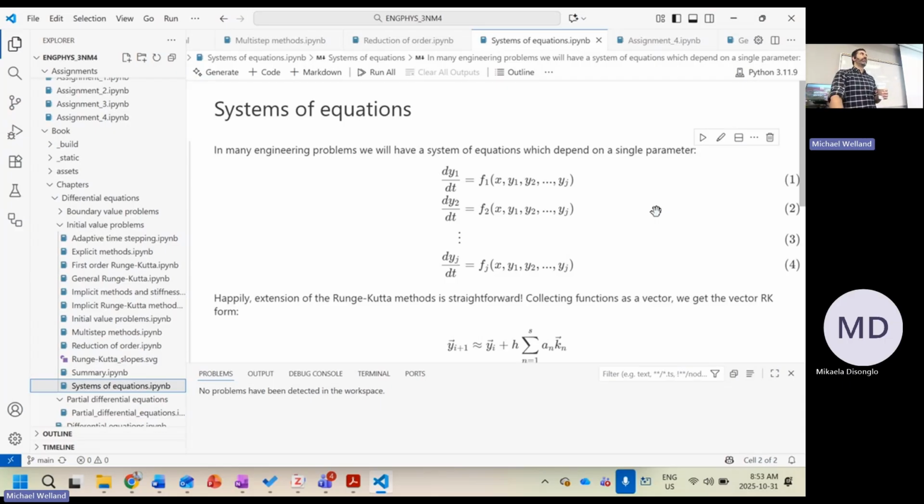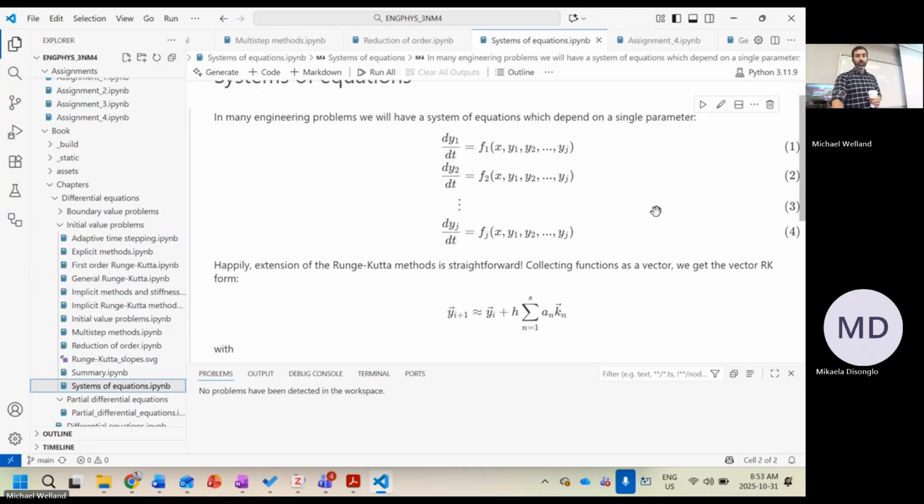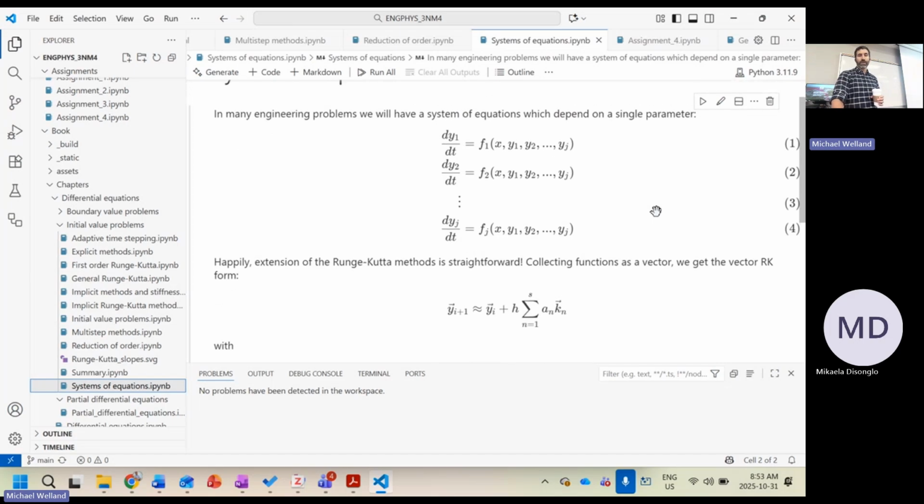There's actually very, very little modification you have. There's no modification to the conceptualization. And if you implement your method right, I wouldn't bother implementing anything with the exception maybe of backward Euler, which is easy to do anyway. All you do is replace these things by vectors, right? So you're going to have a whole series.